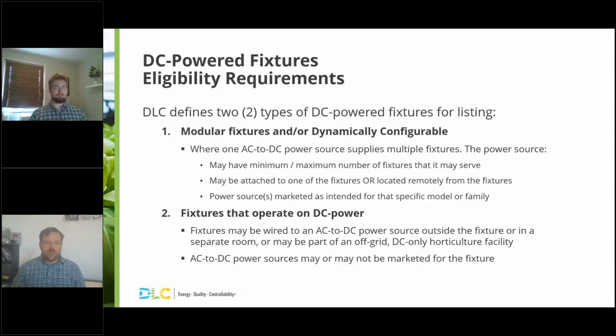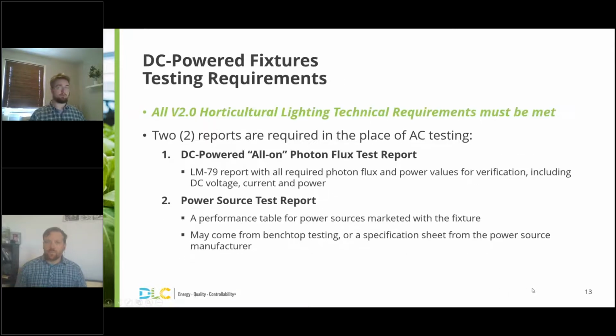Moving beyond eligibility into our testing requirements over the next several slides. We have two key technical documents that differ from the standard AC Hort requirements. These are the same two requirements we've been presenting since draft one, and only a few details of these have changed. They are the photon flux test report and the power source test report. We'll get into more detail on the next slide for the first of these.